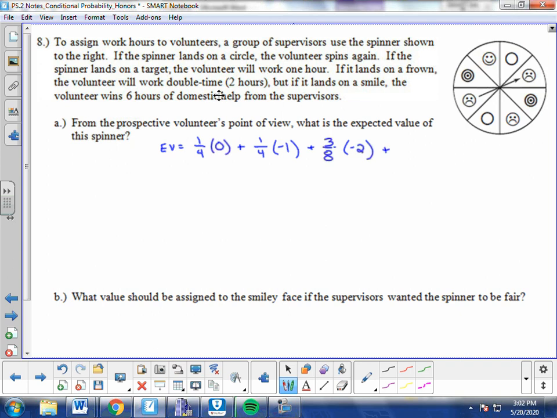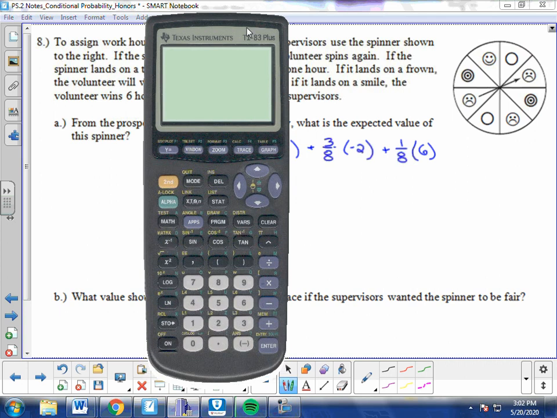Finally, the last option is that it lands on a smile, and we can see 1 smile on the board, so 1 out of 8 chance. There's a 1 out of 8 chance that we would get, in this case, 6 hours of help from the supervisors. So we would call that a +6 because we are gaining work from other people.